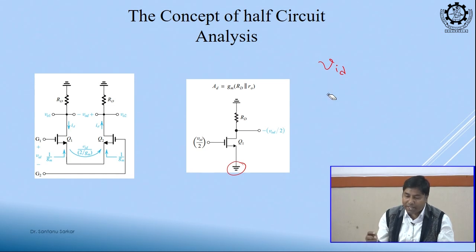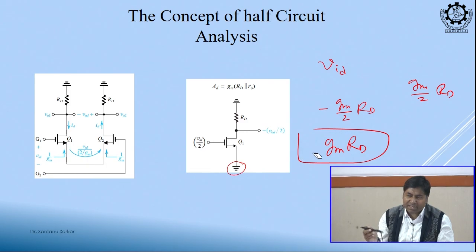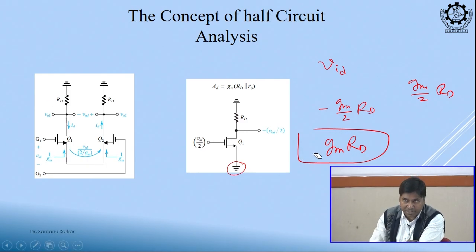So, in one branch it will be minus GM by 2 RD, in the other branch it will be GM by 2 RD. If we subtract them, what we will get? Minus GM RD. Minus you can cancel, depending on which branch you are taking first.